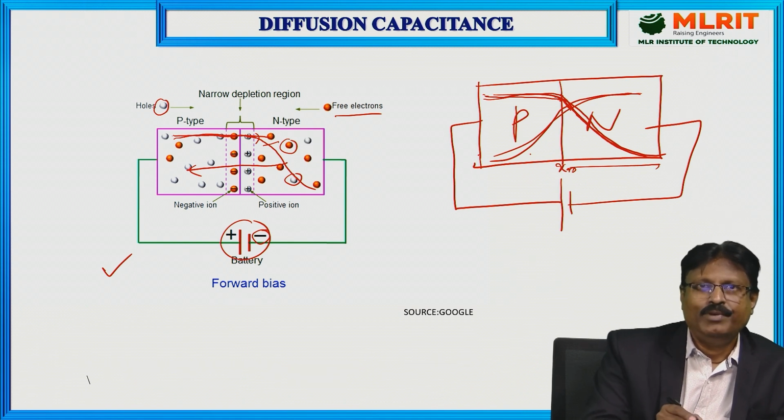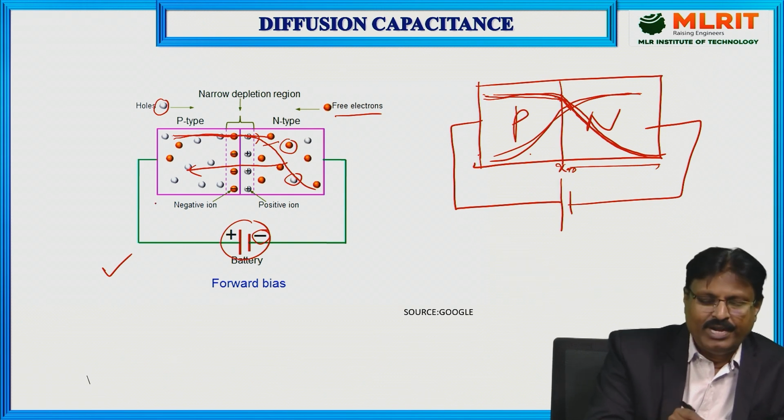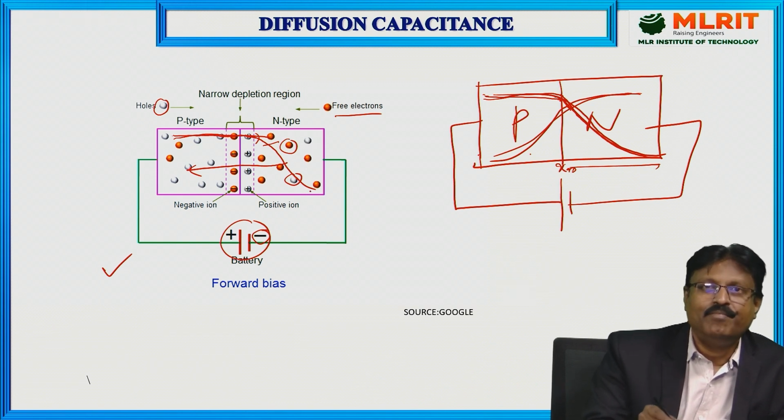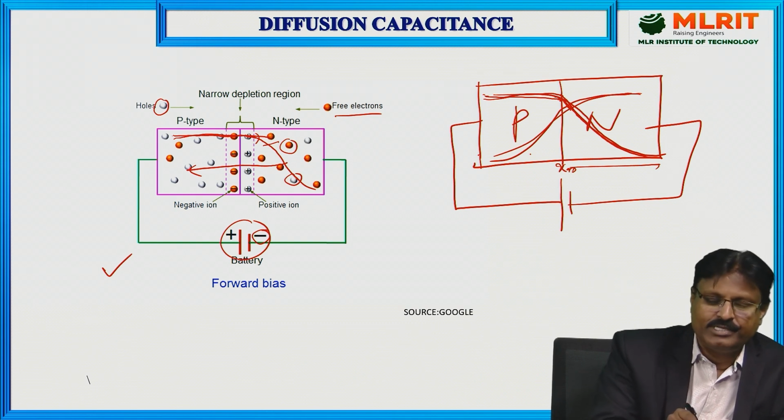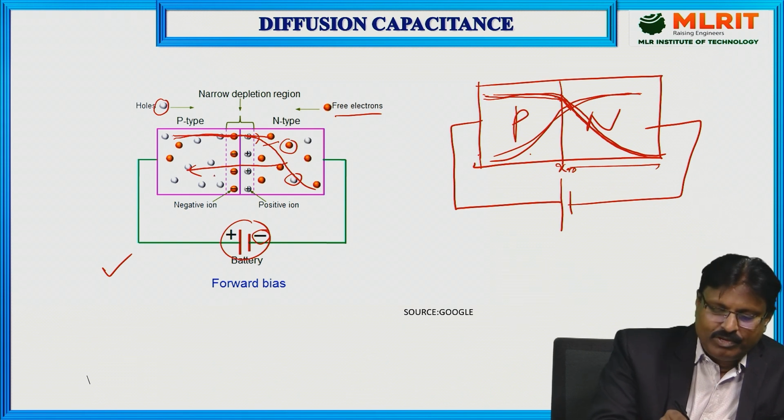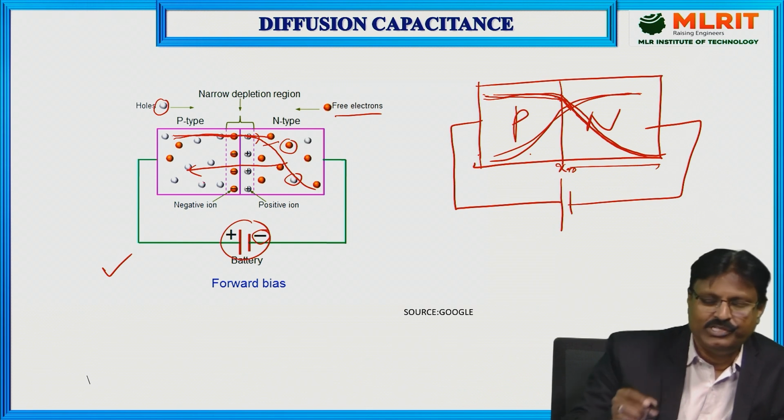So finally, whenever you apply a forward biasing voltage, most of the holes will be moved from P type to N type, and most of the electrons will be moved from the N side to the P side. Whenever holes move from the P side to the N side, it is called injected minority carrier stored in the N type. Similarly, electrons moving from N type to P type, stored in the P type, are called stored minority charge, injected stored minority charge.